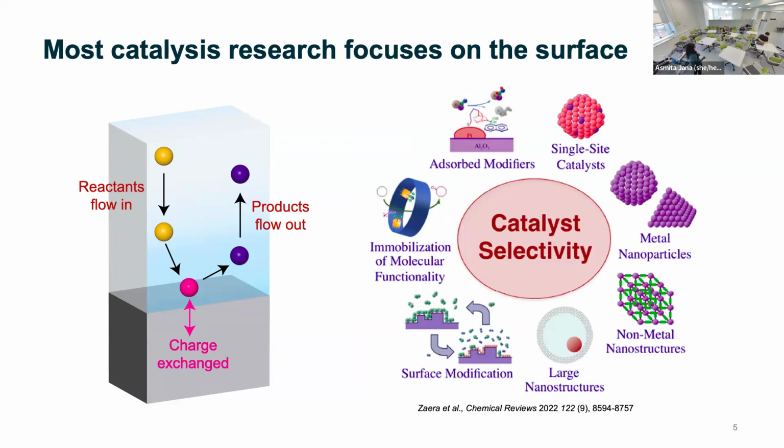So the way a researcher might go about changing the surface to enhance reaction rates could be maybe adding something onto the surface that enhances the rate of the reaction that you desire. So you add maybe adsorbed modifiers on the top, or perhaps you don't want a certain side reaction to occur, so then you poison the surface for it. So that's another way of adding something onto the surface.